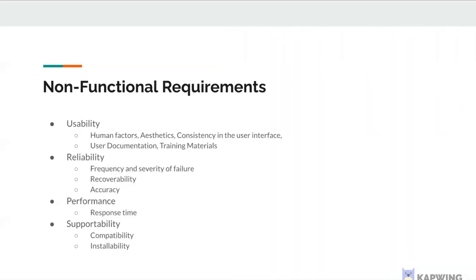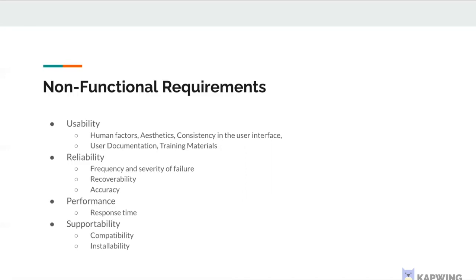The next part is the non-functional requirements. For our project, we set up some requirements here. For human factors, aesthetics, and consistency in the user interface, we say that our system should conform to all human factors, aesthetics, or interface consistency requirements.